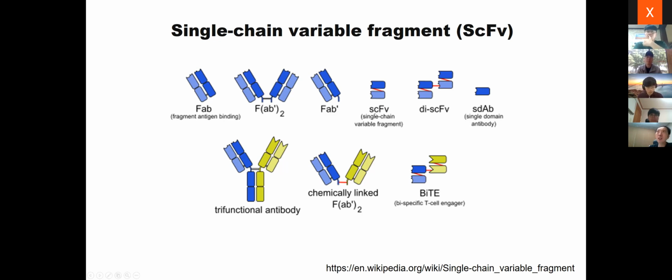This is so-called scFv. As you can imagine, this is a very important and useful tool. So if possible, rather than handling this big antibody altogether, focusing on this small one would be very nice.